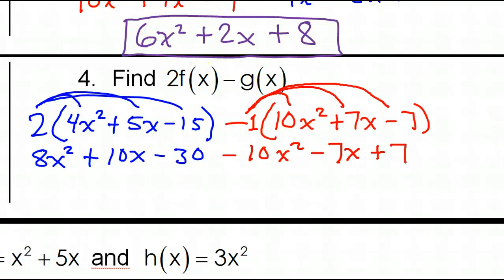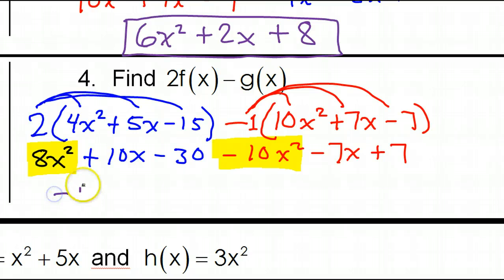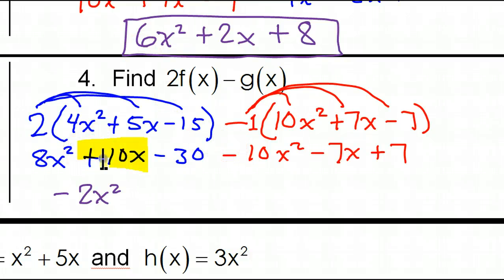Now we can do the like terms. So we have 8x squared and a negative 10x squared. If we put those together, that's going to make negative 2x squared. Next, we have a positive 10x and a negative 7x.